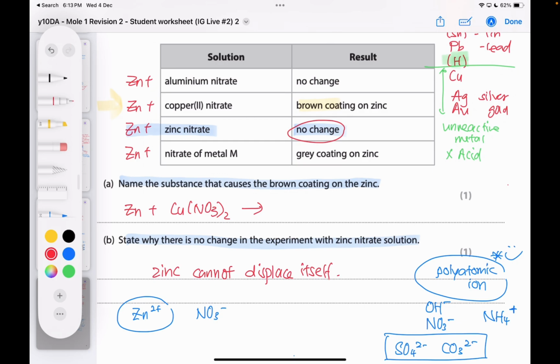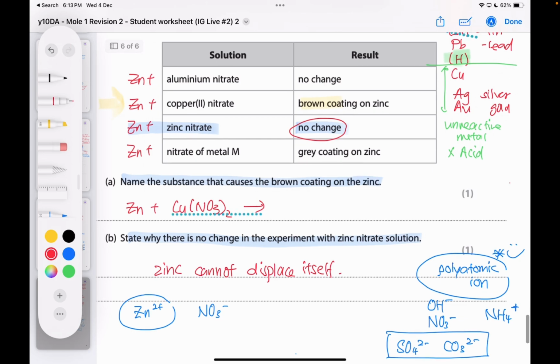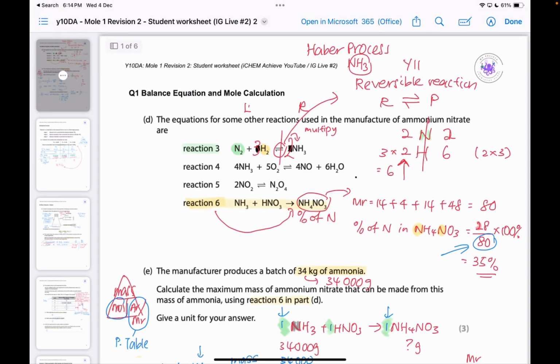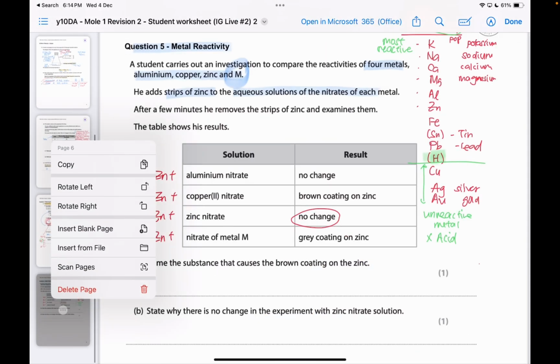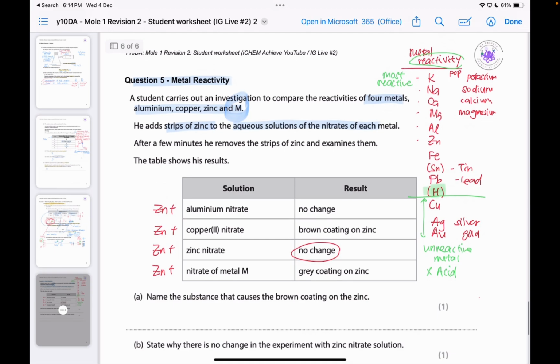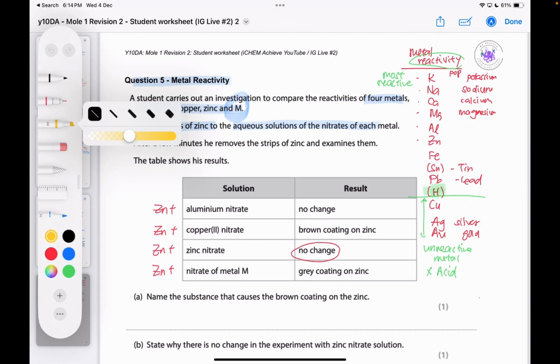Okay, what happened here is I'm trying to put zinc into a copper nitrate solution. And let's take a moment to appreciate the metal reactivity series, okay? So we have got zinc here and my copper is over here. Now the more reactive metal is on the top.